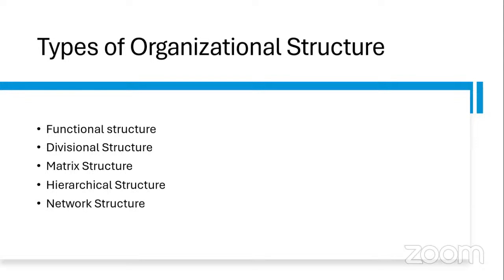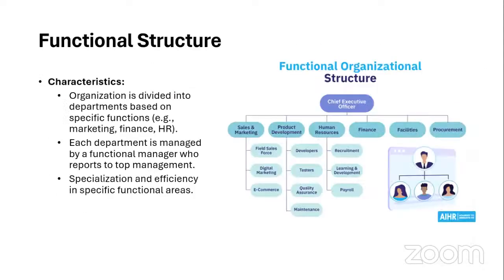So we have the functional structure, divisional, matrix, hierarchical, network, and there are several others, but we'll just stop there. Now, for the functional structure, the key word there is functional. So you're breaking down the organization according to the functions within the organization. The functional structure is breaking down the organization based on the key functions in that organization.